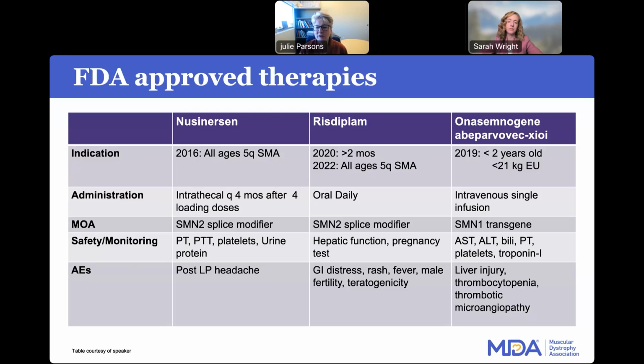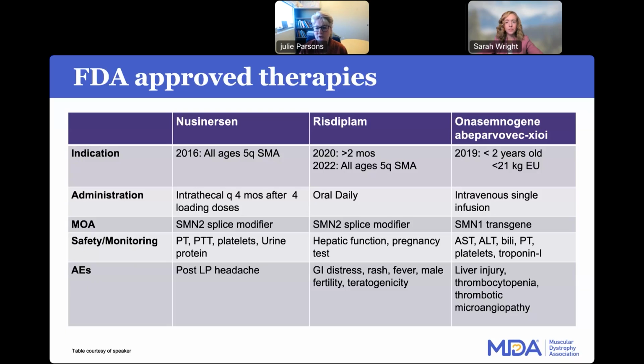Onasemnogene abeparvovec was approved in 2019, initially just for children less than 2 years old. In the European Union, however, they have a weight-based indication. This is given via a single IV infusion. It is the SMN1 transgene transferred into the cells to continue to produce SMN protein.